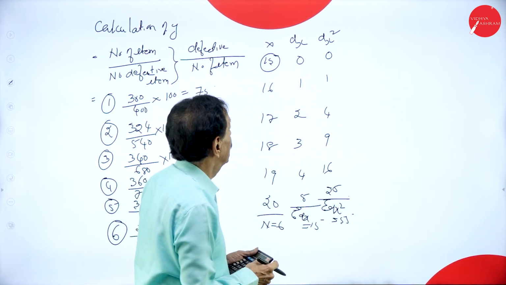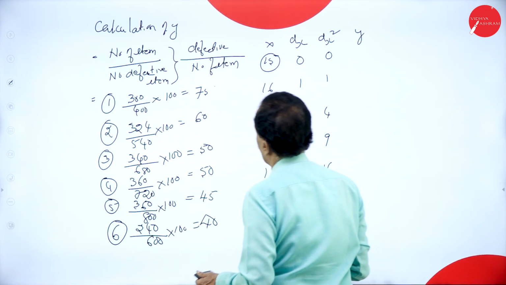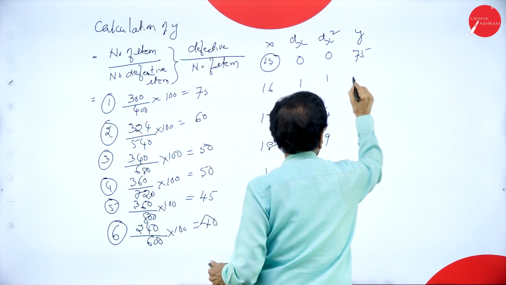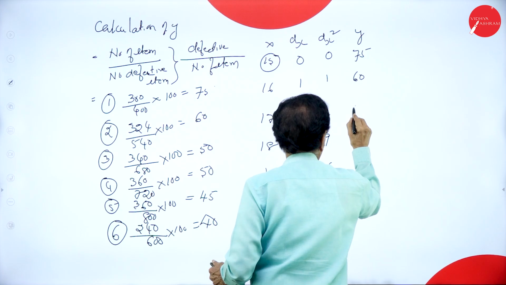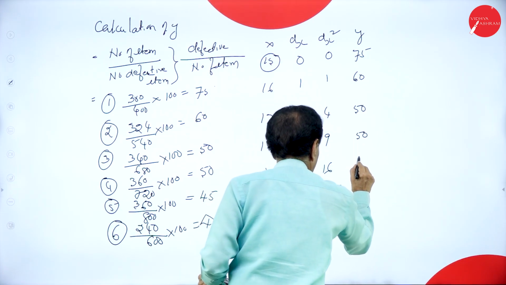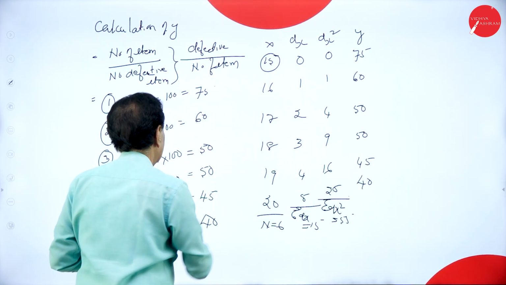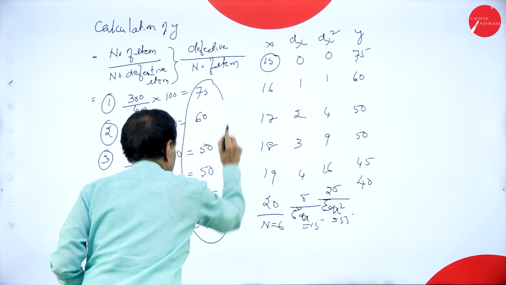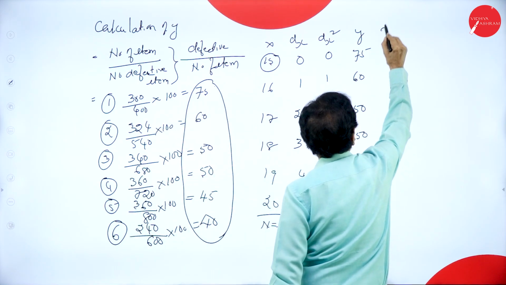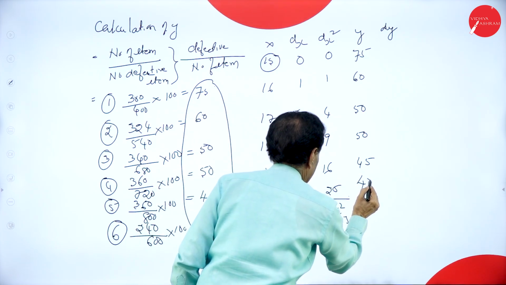55. Then come back to y. What's the value of y? 75, 60, 50, 50, 45, 40. Whatever I calculated can be put here. Which is the lowest number? 40 is equal to 0.